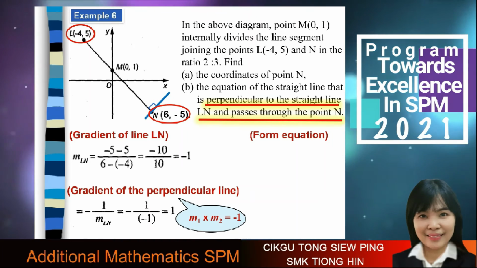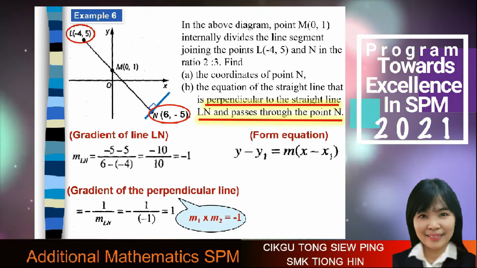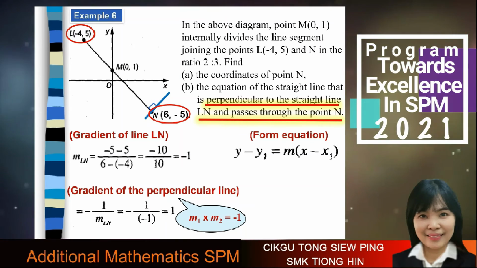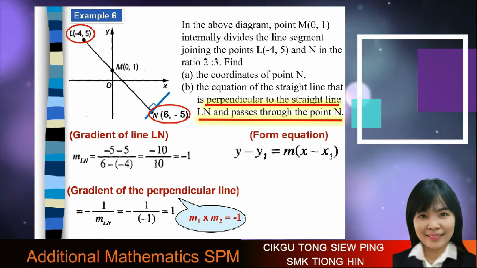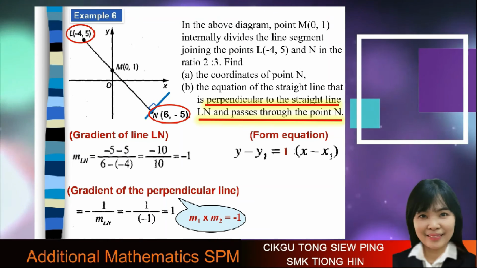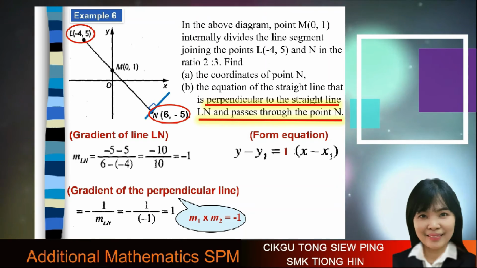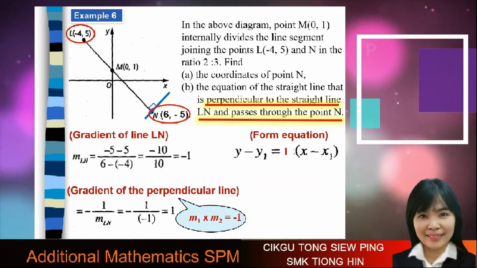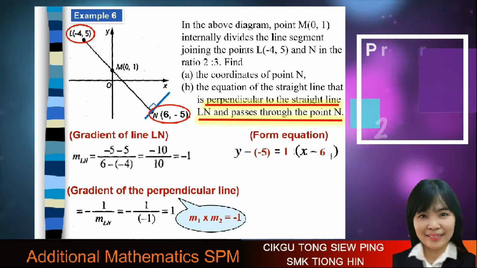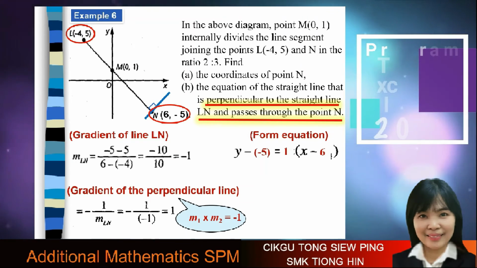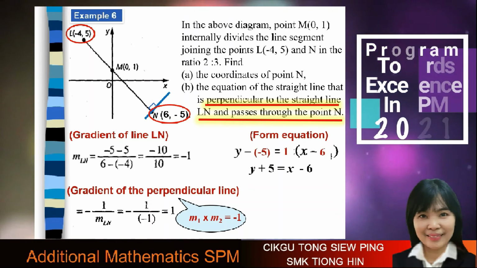Then we can form the equation now. We can substitute the values of m and x, y into this equation. Substitute m equal to 1, then the x value of N and the y value of N. Expand the right hand side and try to simplify it, we get this.